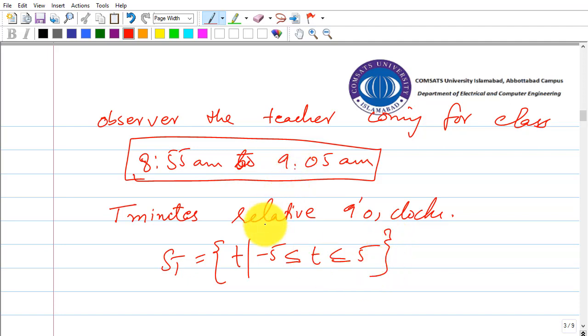So plus minus 5 minutes around 9 o'clock, the teacher can arrive at any time. So that is the range.